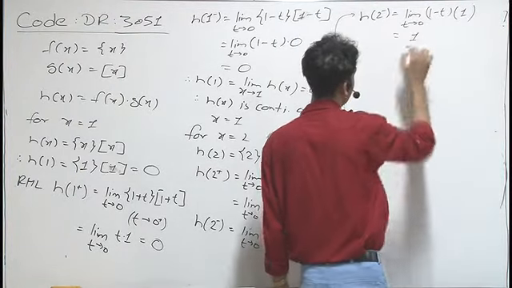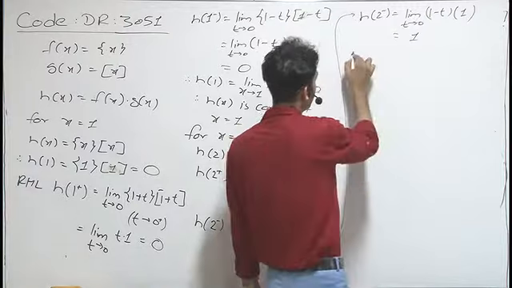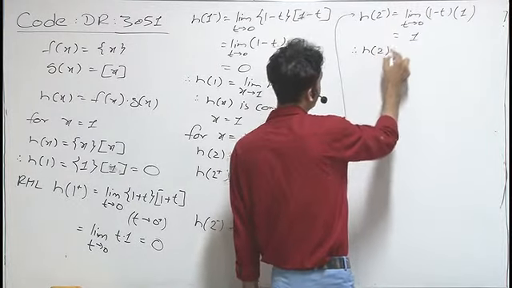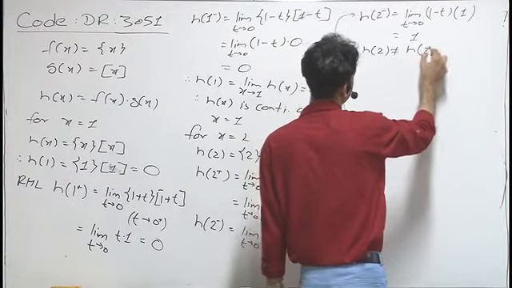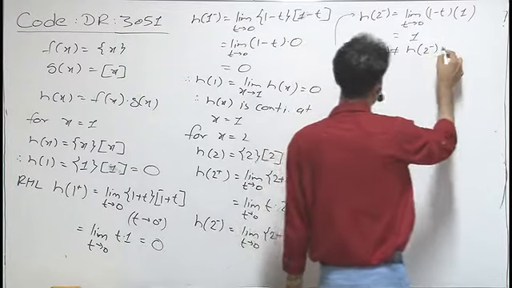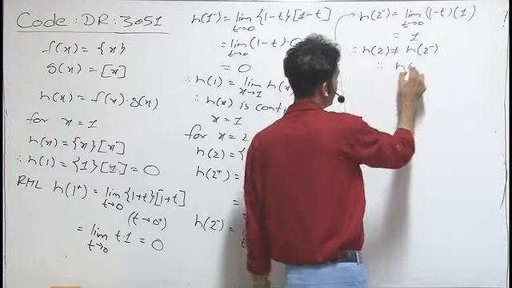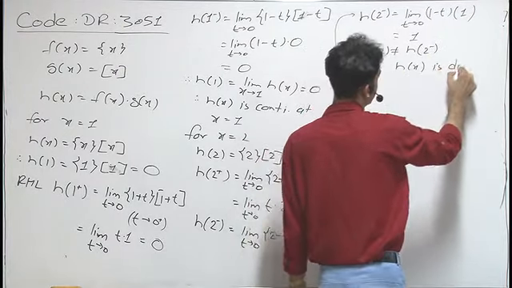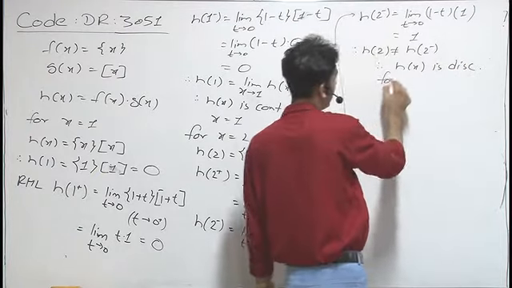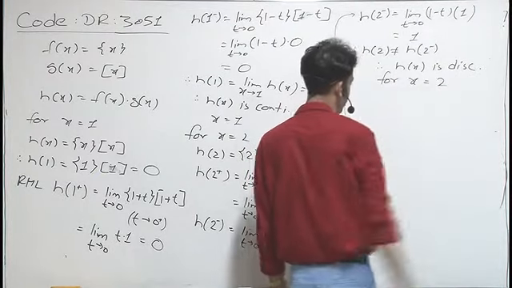This gives us result 1. Clearly h(2) is not equal to h(2-). Therefore h(x) is discontinuous for x equal to 2.